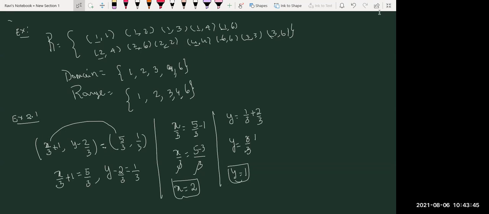Very good. 9 or not? Yes, sir. Just now I gave the formula or not? Yes, sir. Set A has how many elements? 3, sir. Set B? 3. So they ask us to find A cross B.